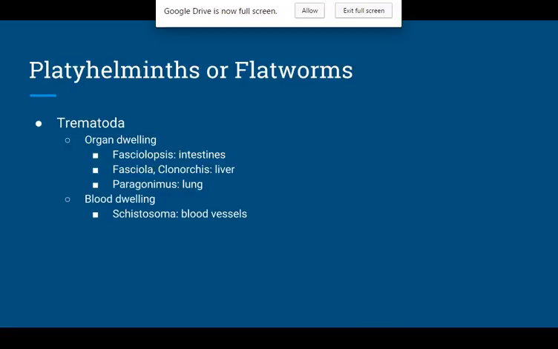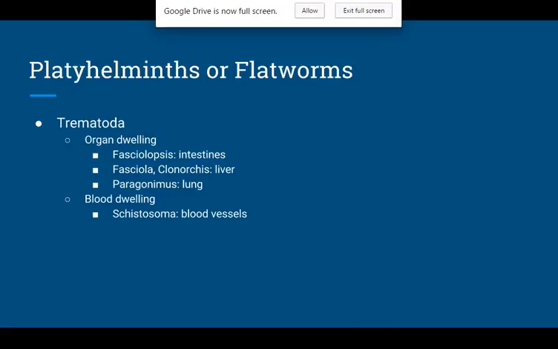And we're going to start out talking about the trematodes, and these are in the class Trematoda. Okay, you need to know where these are found. The ones that are in the organs are Fasciolopsis, which invades the intestines. Fasciola and Clonorchis invade the liver.